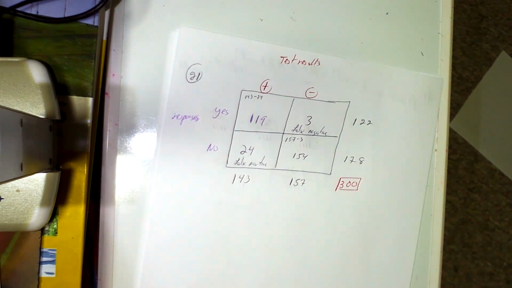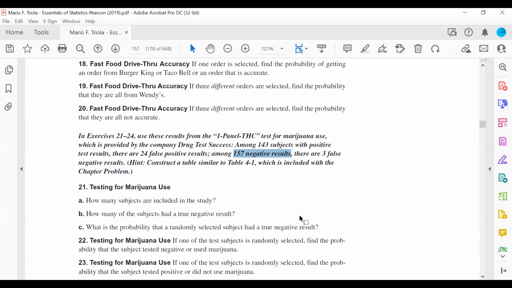Okay. Now we got to answer the questions. All right. So the questions say, how many subjects are included in the study? They want to know what was the grand total. The grand total, I believe, I had it in red, was 300. B says, how many of the subjects had a true negative result?